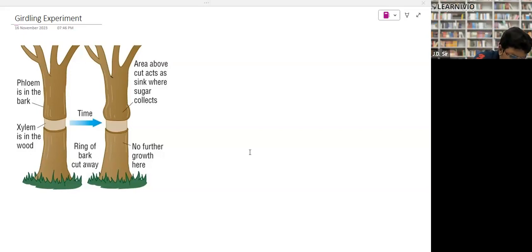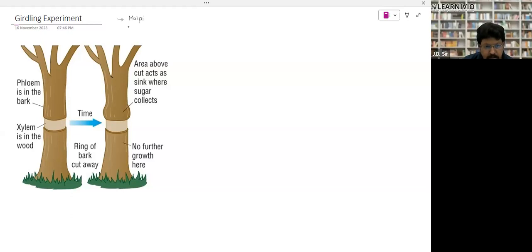Place where covered, it won't grow. Then what will be happening in future? The rest of the top of the tree will be cut off, I think. Like it won't grow now.